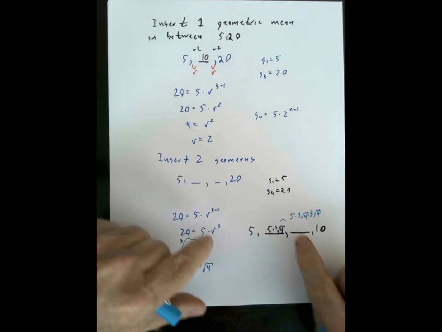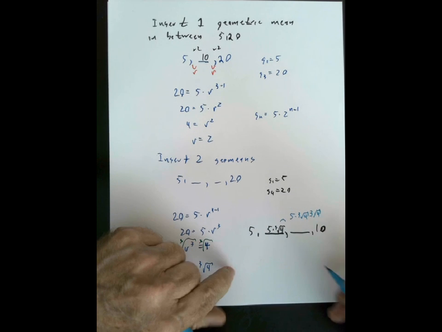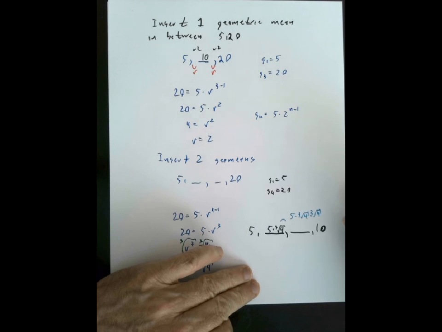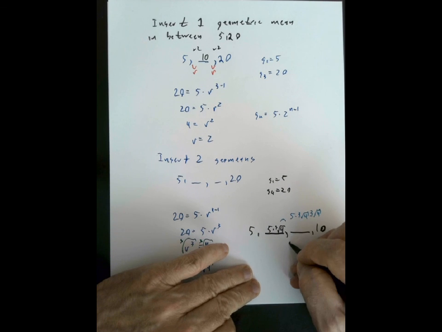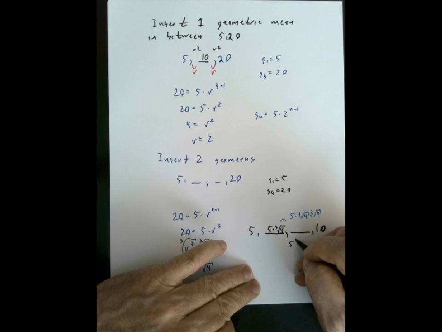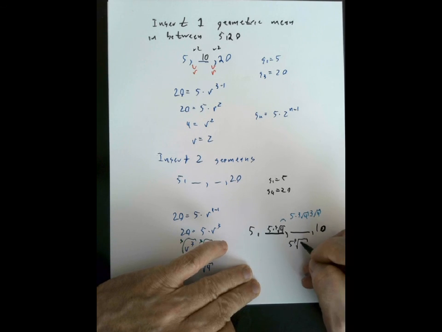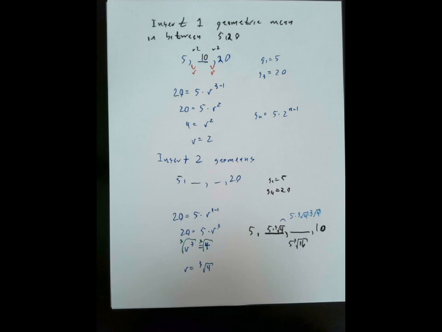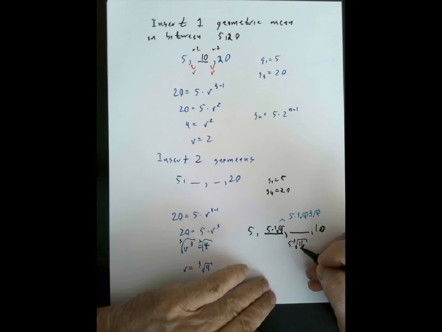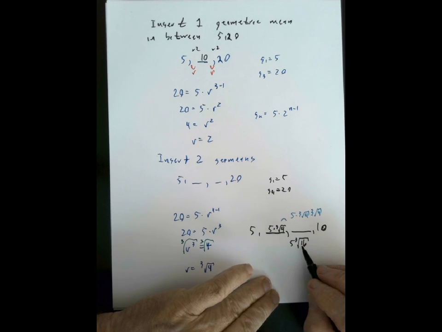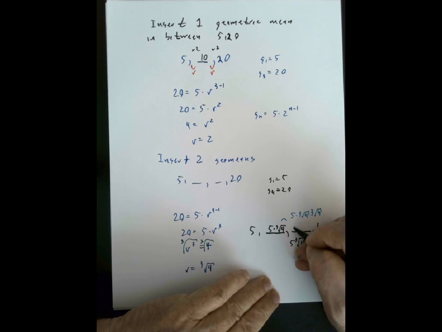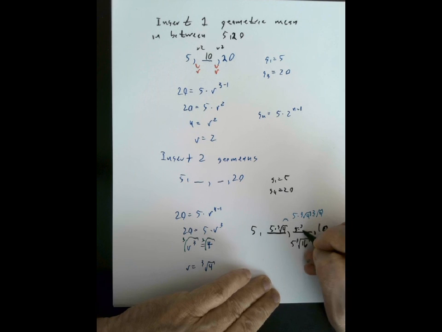The next term is going to be, underneath here, 5 times the cube root of 4 times 4, or 16, right? Now, does that really work? Yep, it does. Because this one is 5 cube root of 16, right?